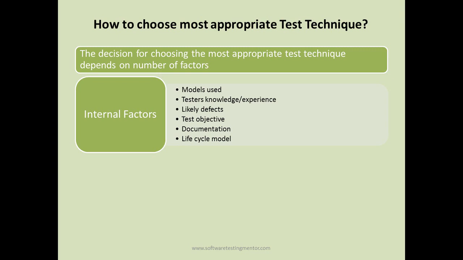So these are the internal factors. Internal factors are the factors which are internal to the team which is developing the software. So it's the whole software development life cycle factors that may influence choosing the test technique.